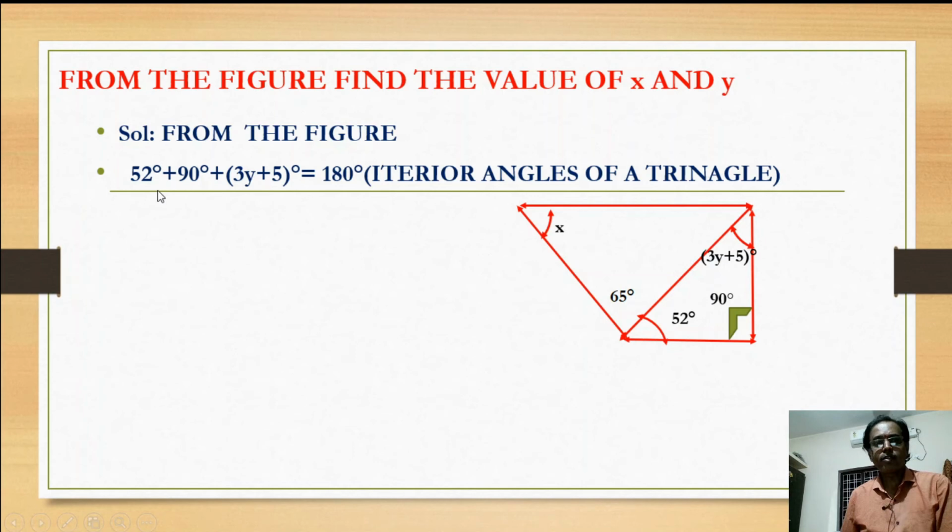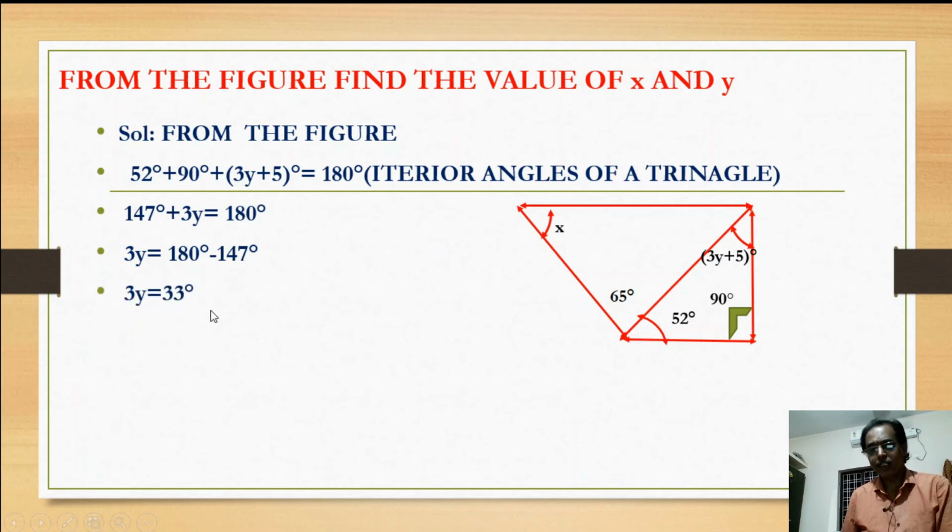So from the triangle we can write 52 plus 90 plus 3y plus 5, interior angles of a triangle. So by that way we get 52 plus 90 is 142, 142 plus 5 is 147, 147 plus 3y is equal to 180, then 3y is equal to 180 minus 147, then 3y is equal to 33, then y is equal to 33 by 3, y is equal to 11 degrees.